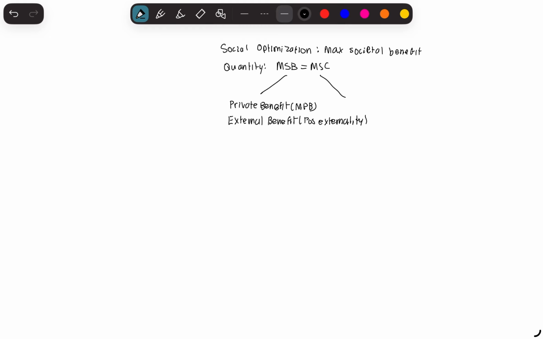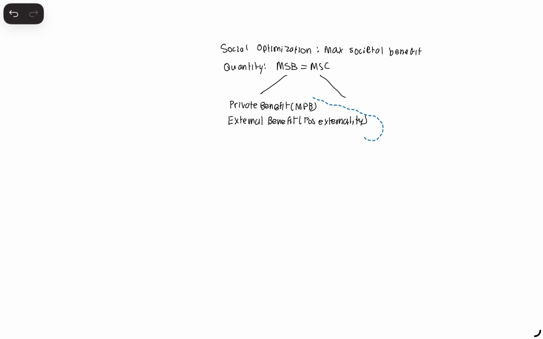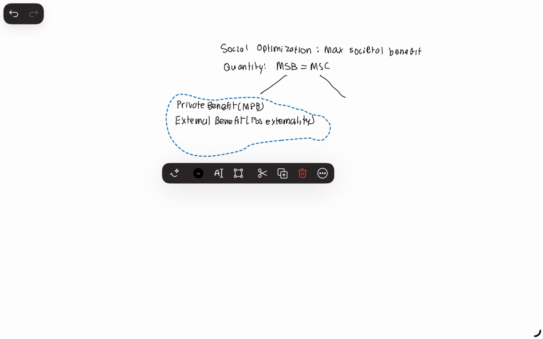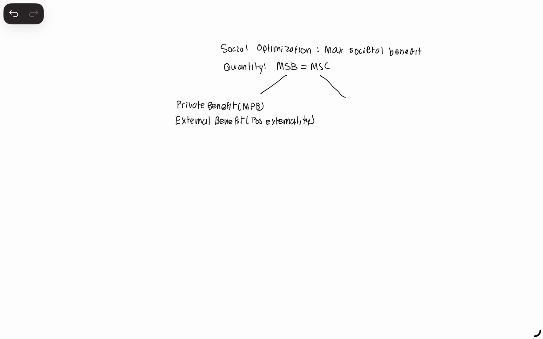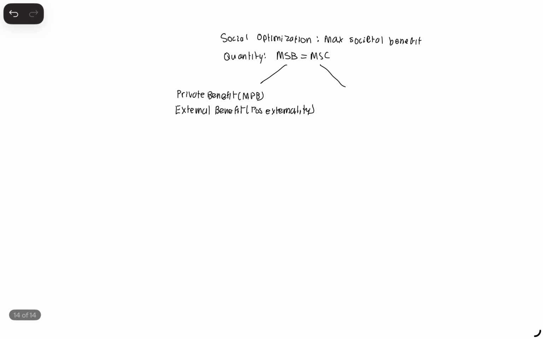A positive externality is essentially when you have something happen that is a benefit, a spillover effect, when the production or the consumption of a good or service provides external benefits to third parties that are not involved in this transaction. Like, for example, vaccination, or when you have education or gardening.